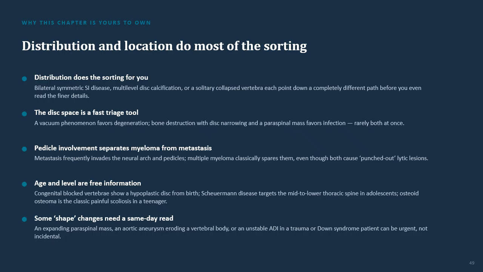The last thing that they're going to do is take the history into account, and they're also going to take the patient's age into account, as well as the level of the spine involved. Certain conditions tend to occur at a specific age range, meaning some happen in the very young and some happen in the very old.